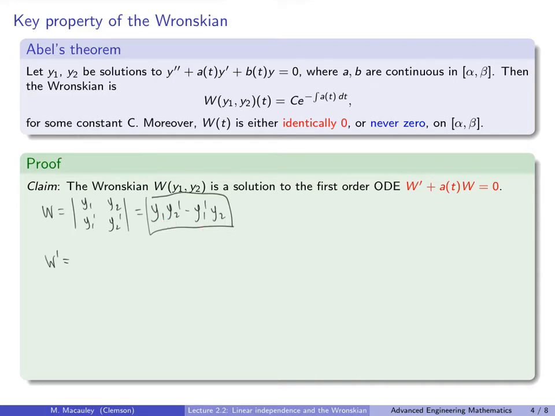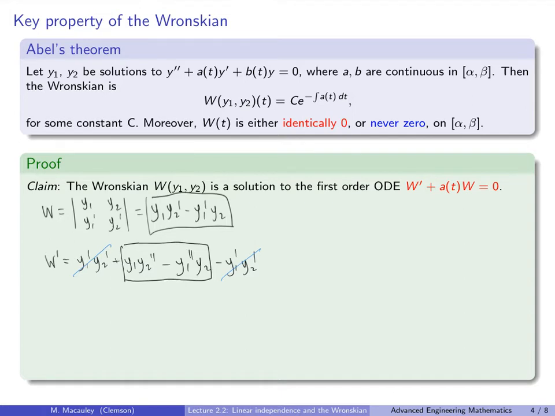Each of these terms is a product of two functions of t. So let's do that for the first term, and that's y1 prime y2 prime plus y1 y2 double prime. And now this second term, this is negative, so let's say this is minus y1 double prime y2 minus y1 prime y2 prime. Now notice right away that this first term cancels out with that last term, and so we are left with these middle two terms, that is w prime.